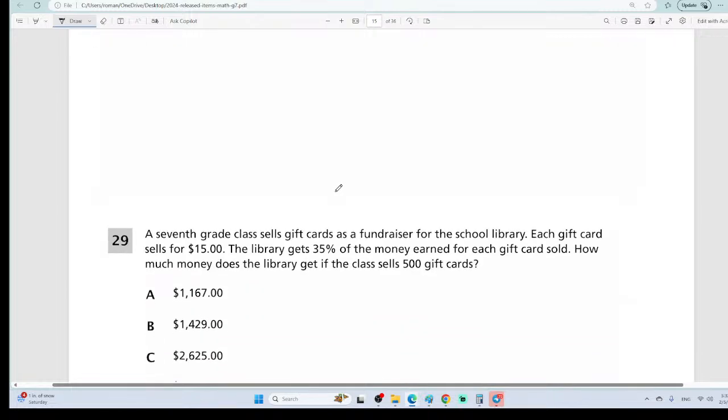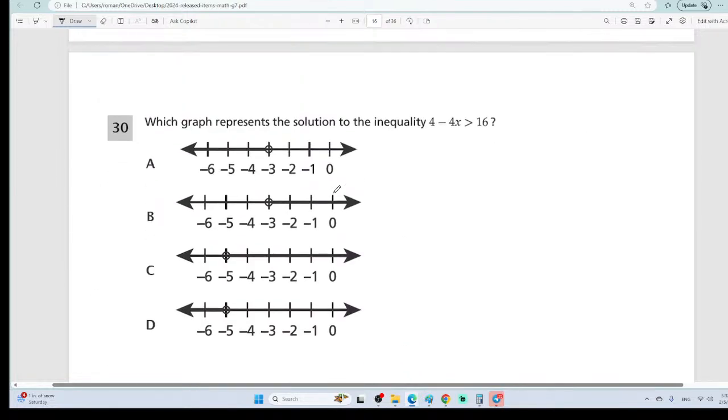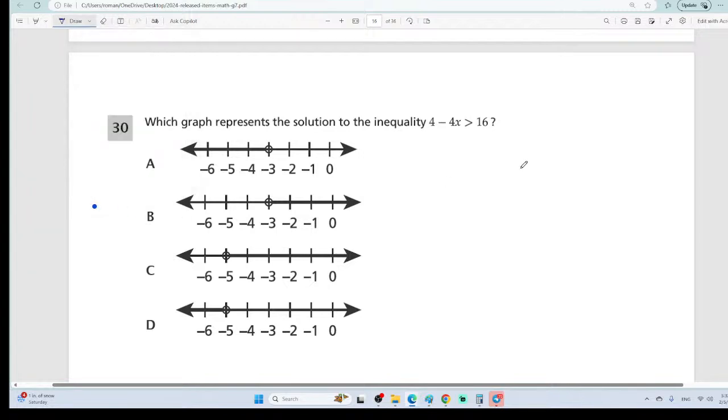The next page was 16, I think. So this one. All right, so we have an inequality and the graph of the inequality. The first thing that we're going to do here, just like when we solve equations, is isolate our x term by getting rid of this non-x term, by subtracting it from both sides of the equation. -4, -4.